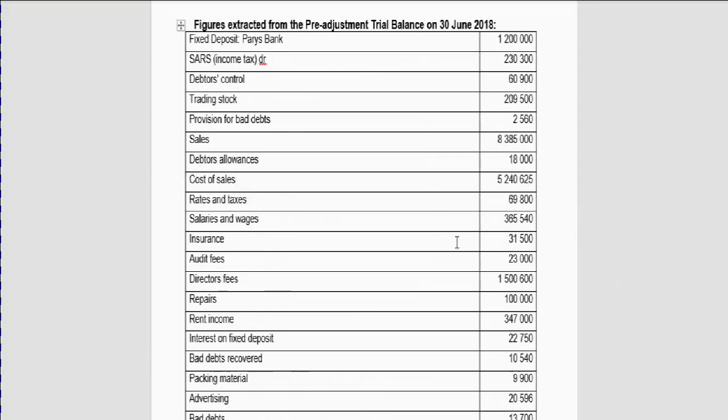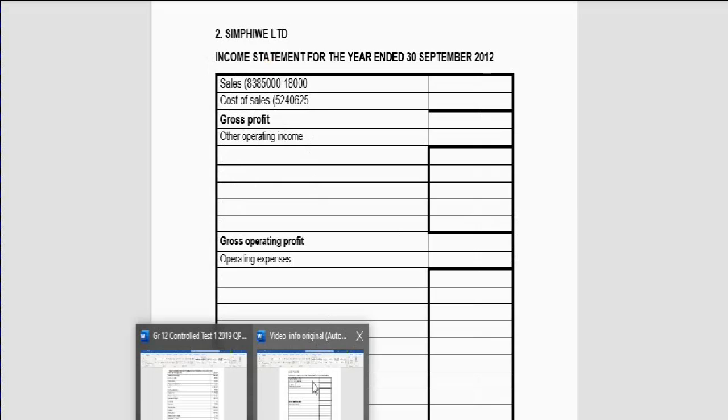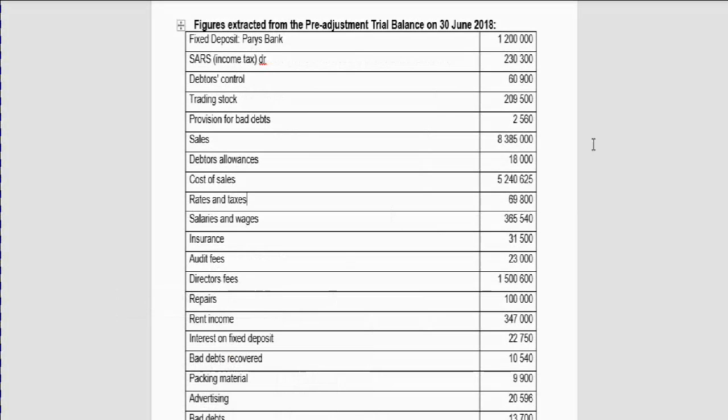For the first part of our income statement, we're looking for operating income. So let's go and see what the income is from here down. Income will normally be on the credit side, but in this case there is no credit side. So I'll quickly run through them and look for the income.